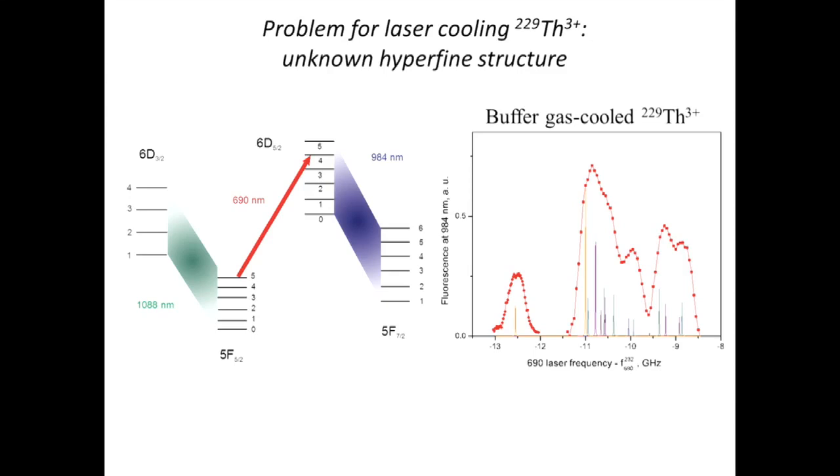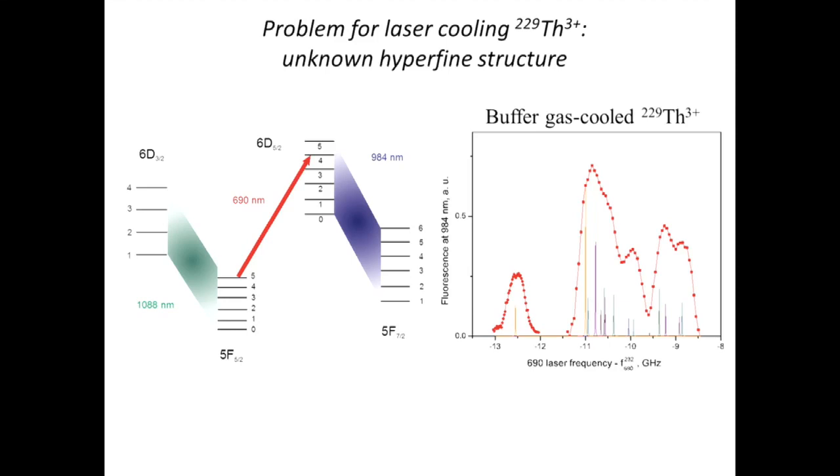Here is the hyperfine structure that we now know, but we didn't know that at the time, and so all of this hyperfine structure was completely hidden in this broad Doppler background. Without knowing this hyperfine structure, there was no way for us to laser cool the ions, because they would simply accumulate in one of the dark states, so we would just be heating them. And without knowing the hyperfine structure, we cannot cool.